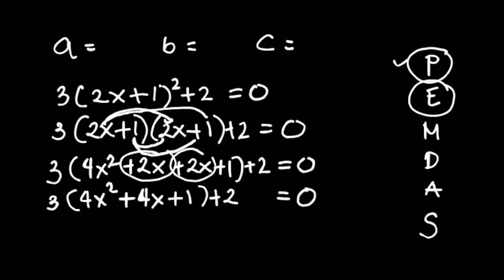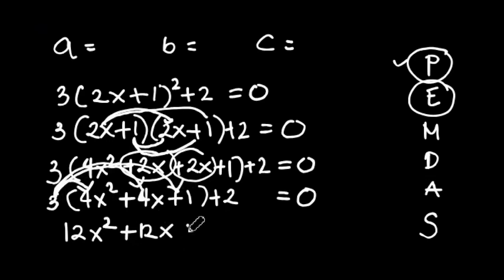Okay? By the distributive property, we can simplify 3 times 4x squared, that is 12x squared. 3 times the second term, which is 4x, gives us 12x. And finally, 3 times the last term, positive 1, that is positive 3.